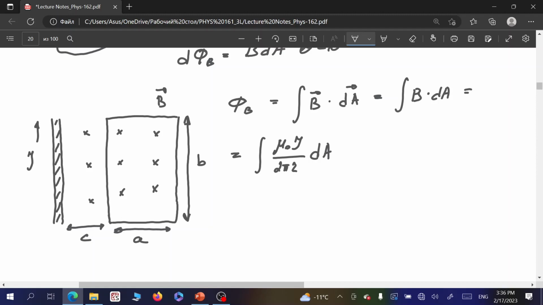So let us consider a small area within this frame.